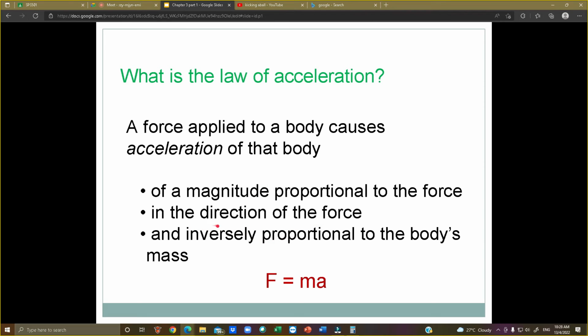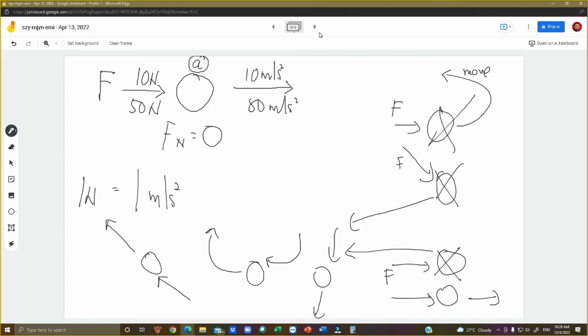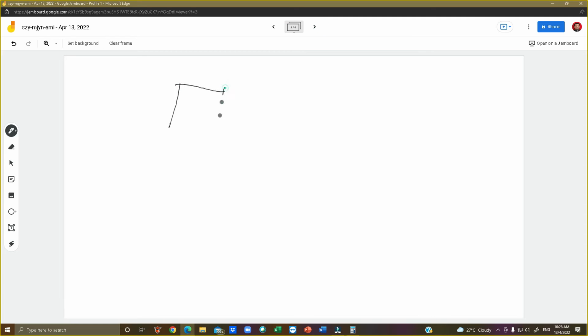And then the third one is inversely proportional to the body mass. Okay, meaning of the third one is this. If we have an object, we push the object, you are going to notice that there will be some resistance. And this resistance is based on that object weight.